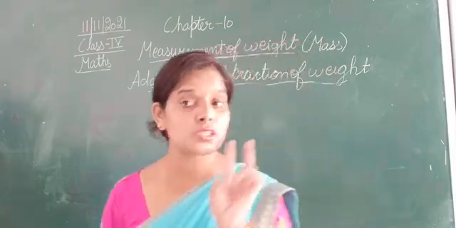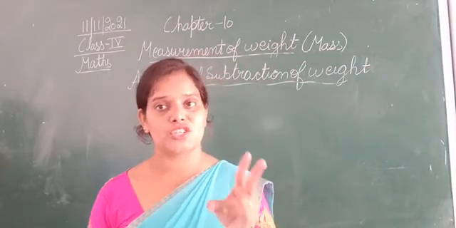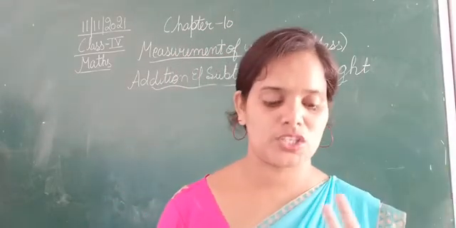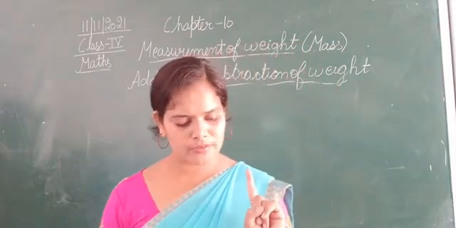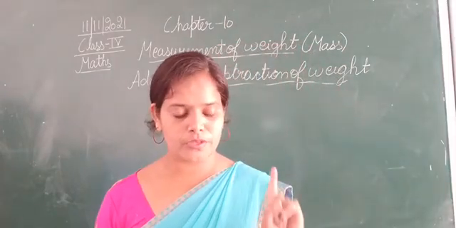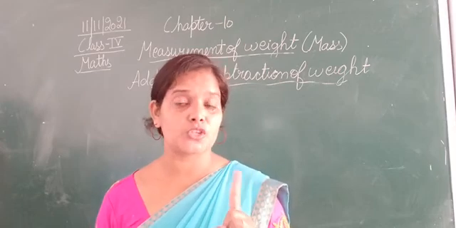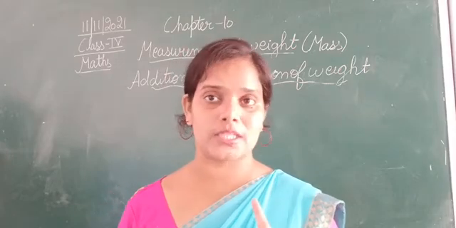That means we add kg with kg and grams with grams. So you can't add kg with gram or gram with kg. Always remember, whenever we add any units, they should be the same. So we always add the similar units.